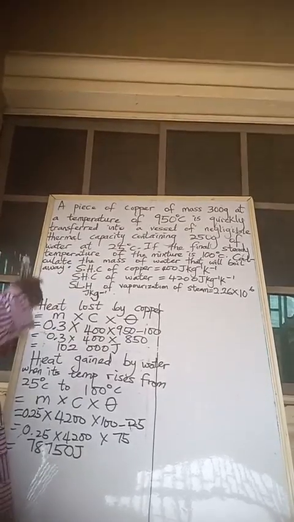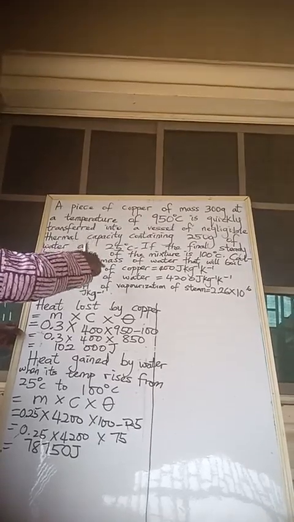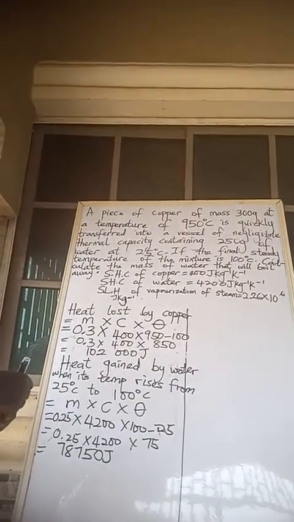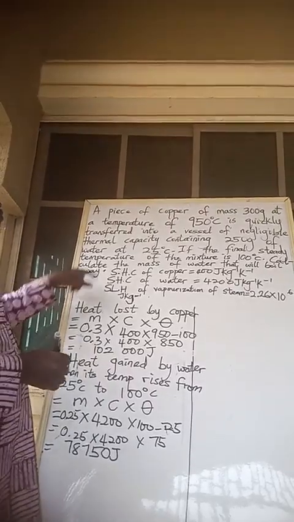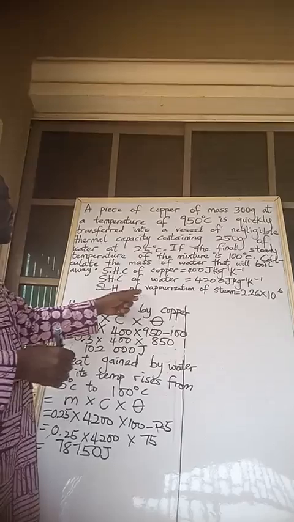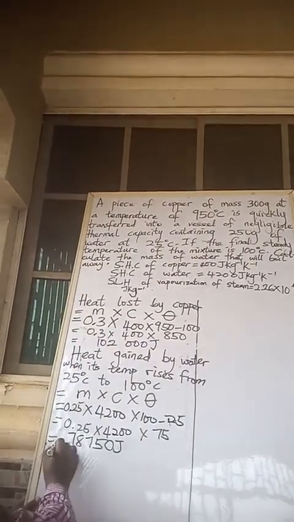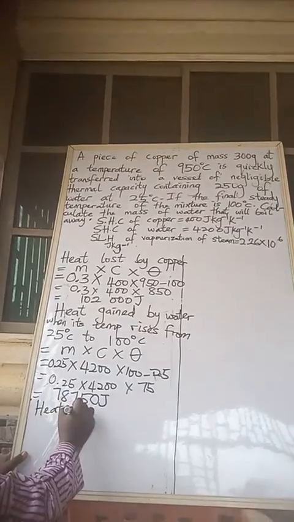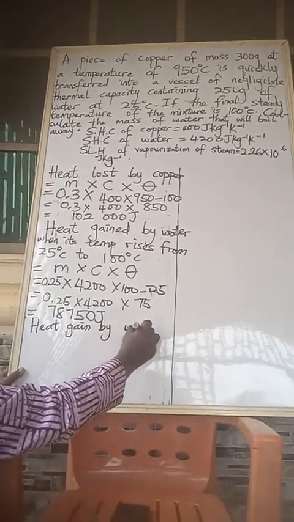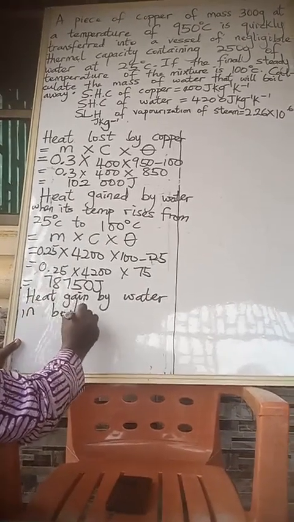Then again, the question says to calculate the mass of water that will boil away. So that means heat is also gained for this water to boil away. That is calculated as the mass of water that boils away times the specific latent heat of vaporization of steam. I want to write that as heat gained by water in boiling away.